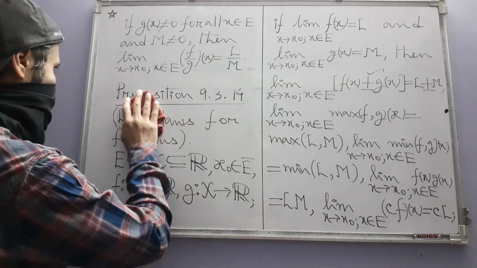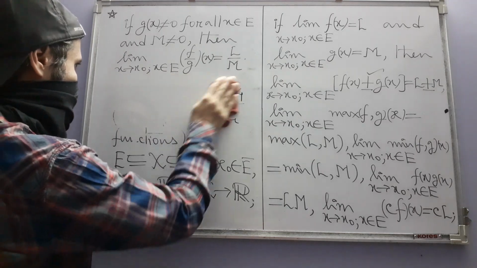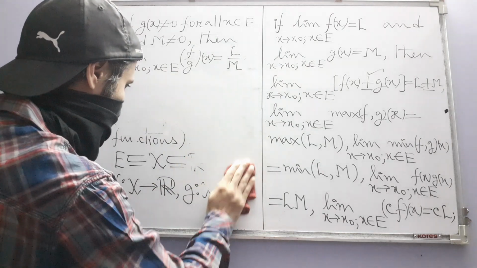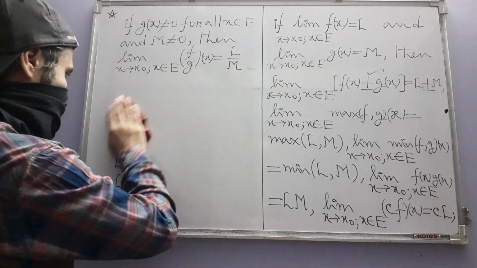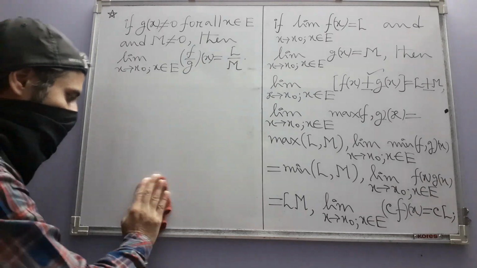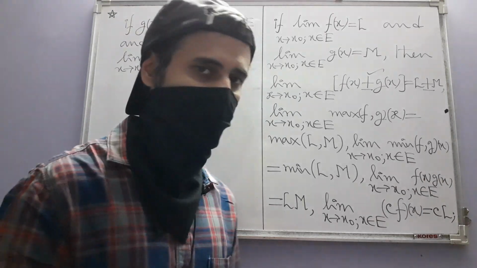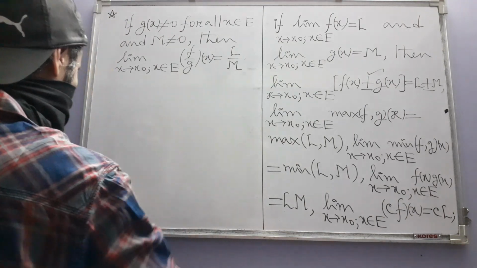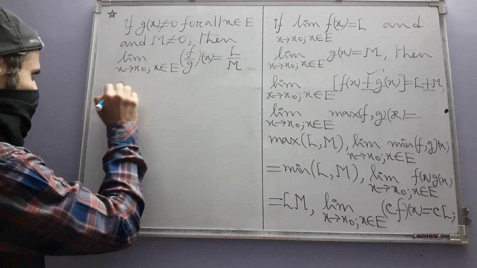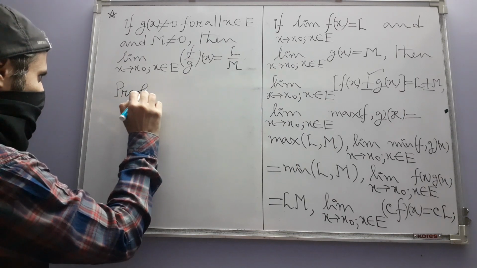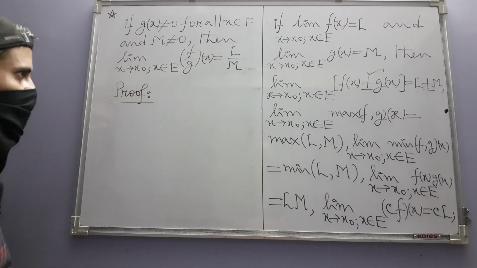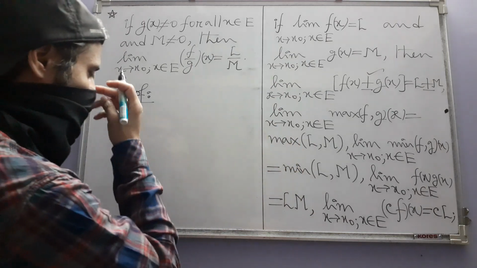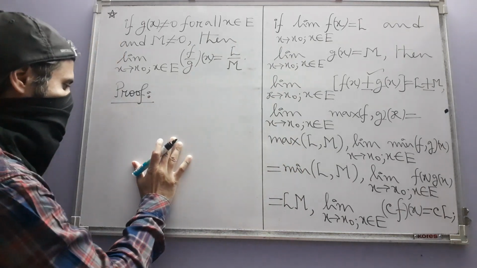So suppose we want to prove this. There is a very subtle thing that I will say what it is. Let me just show you the proof first. Okay, so we have whatever we have in the statement.